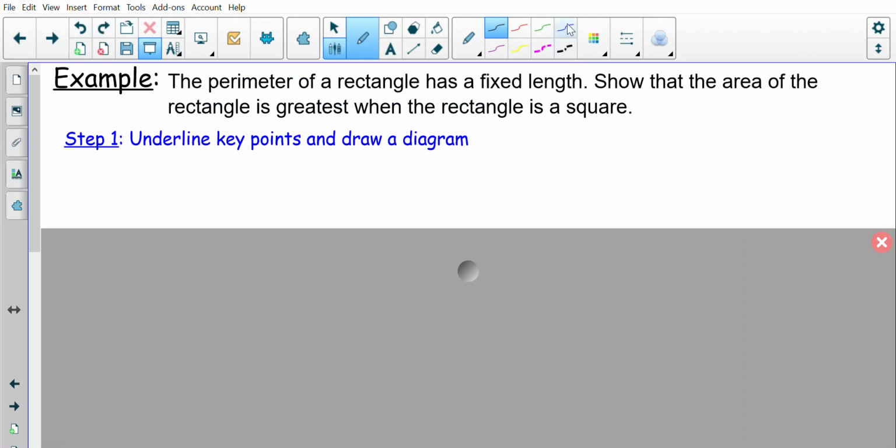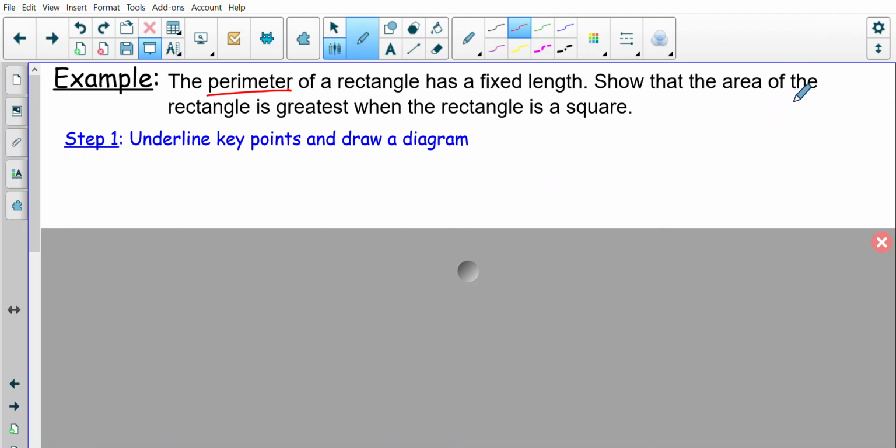So for this question, we're not given a diagram, so we're going to underline key points and draw a diagram. So the first thing it's talking about here is perimeter, and then it says show that the area of the rectangle is greatest when the rectangle is a square.